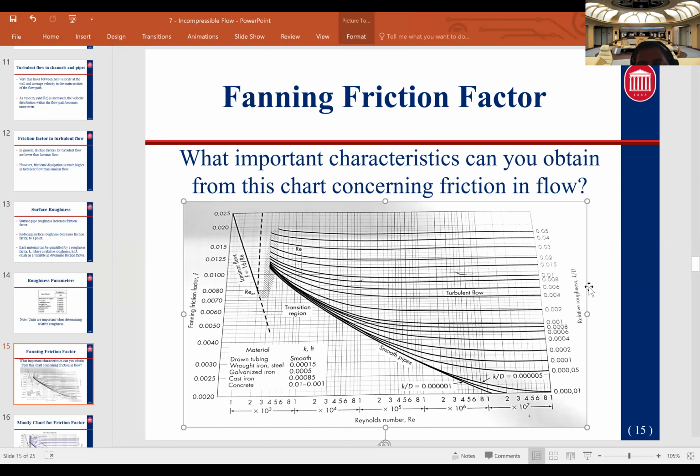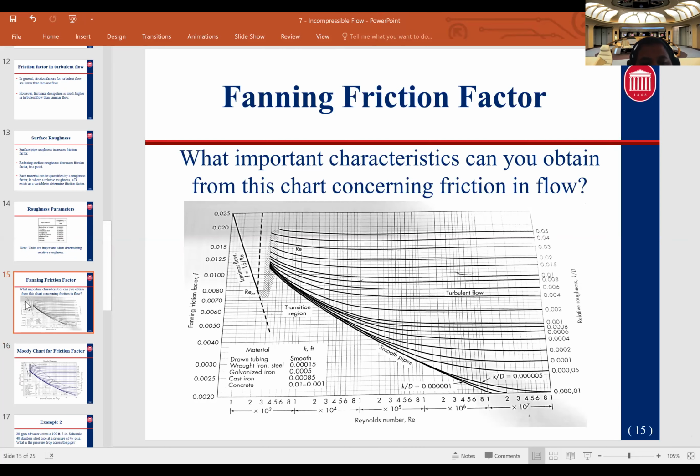You'll notice the x-axis is a logarithmic plot for Reynolds number. The secondary y-axis on the right-hand side is a logarithmic plot of relative roughness, K over D values. And the primary y-axis is your friction factor, which, keep in mind, in this class, is primarily the Fanning friction factor.